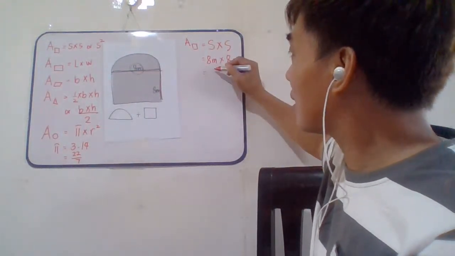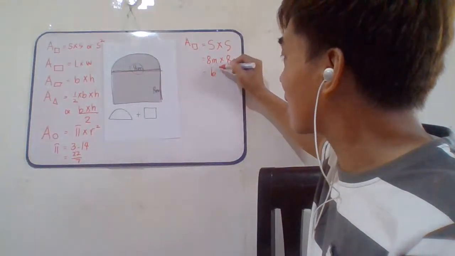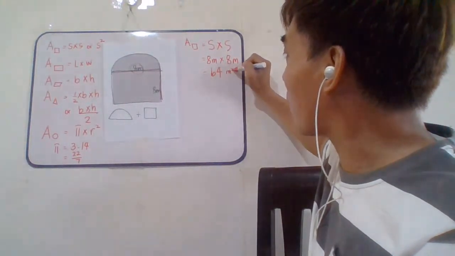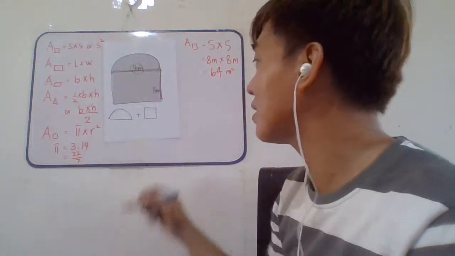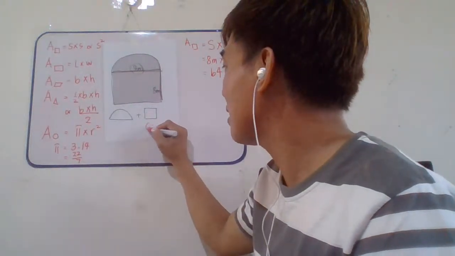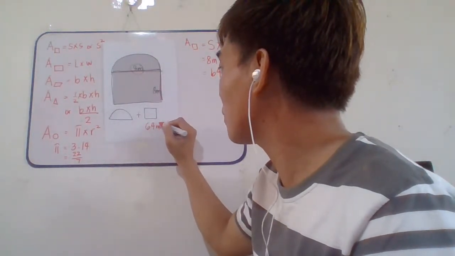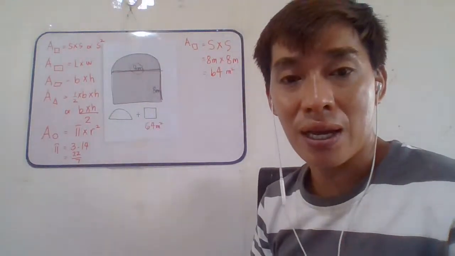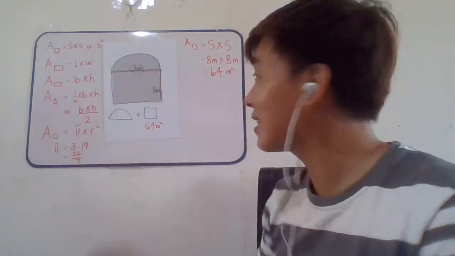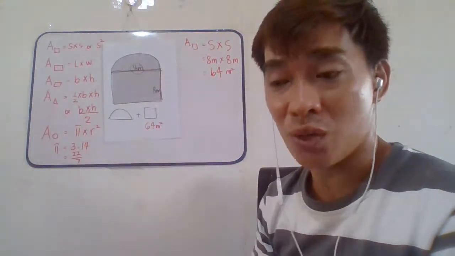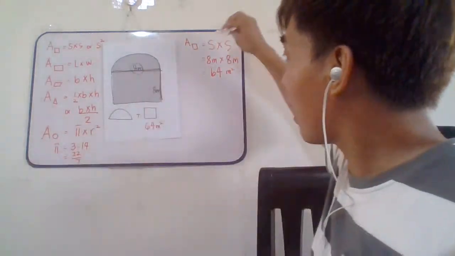So the total is 64 meters squared. Remember that the unit is always a square unit. Okay, 64 meters squared, or 64 square meters. Okay, that's the area of the square. Let's proceed to the area of the circle.